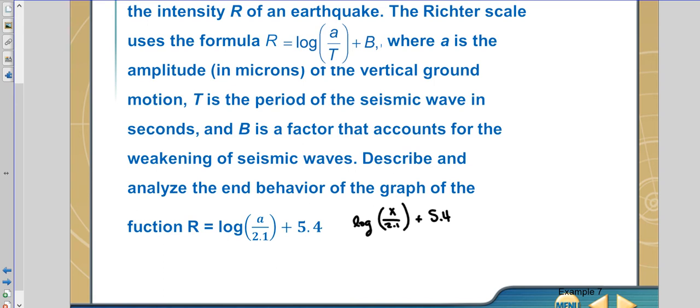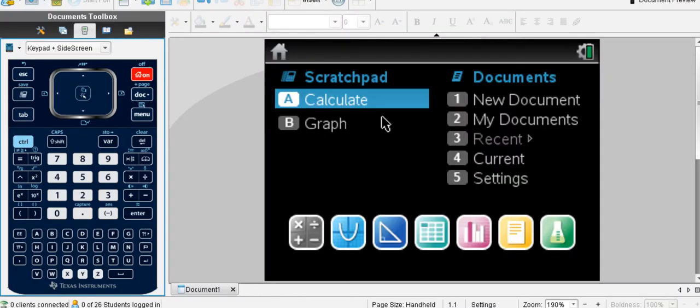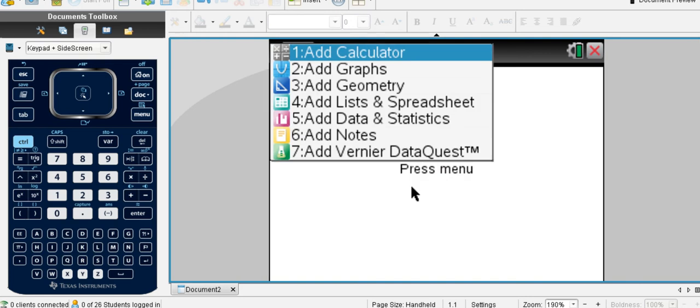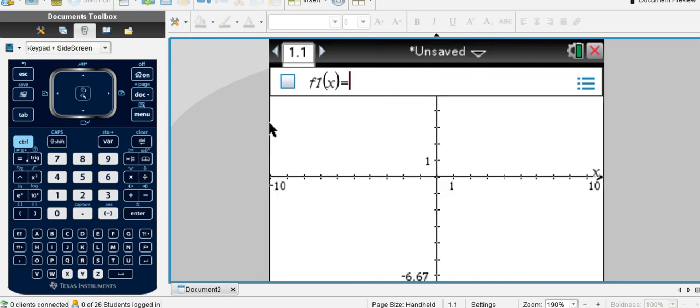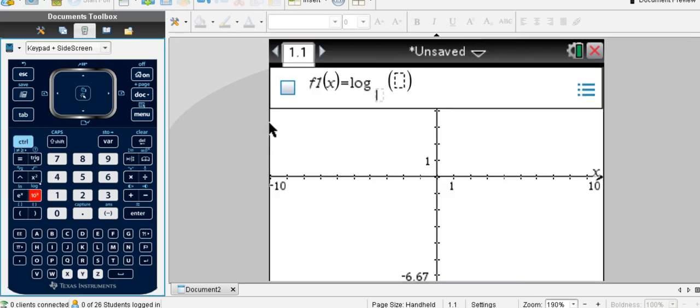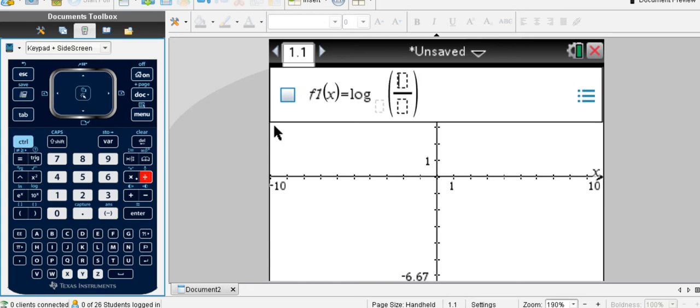Let's see it. So we go over to the calculator, and I'm going to add a graph here. I'm going to say log, and the base was blank. You can put 10 there if you wanted to, or you can leave it blank. It should still work. I'm just going to double check and make sure it works. We have that, and then we have plus 5.4 on the outside.